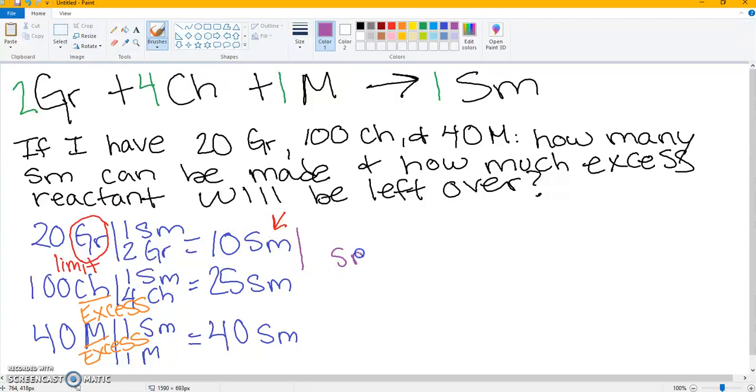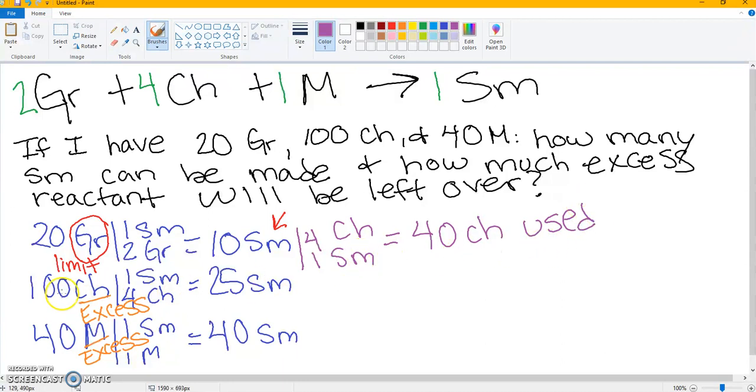I'm going to go from s'mores to my excess, which is chocolate. I know that for 1 s'more I need 4 chocolates, which means that I used 40 chocolates in order to make those 10 s'mores. So this is 40 chocolates used.